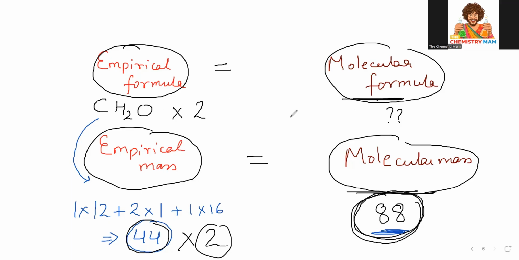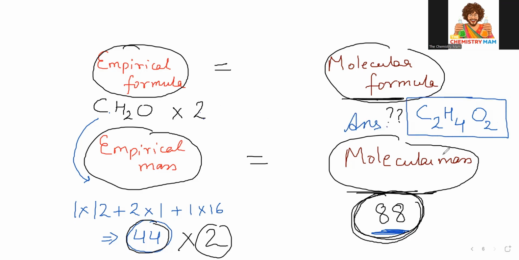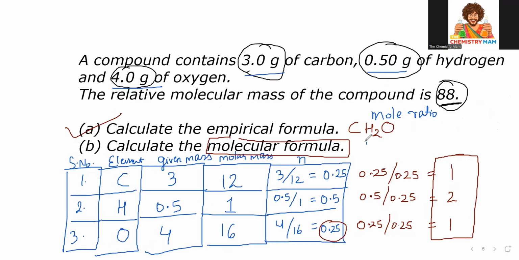And when you multiply, remember that the values after multiplying, so 1 into 2, go into the subscript. So C2H4O2. My molecular formula of the compound, this is my final answer, is C2H4O2.